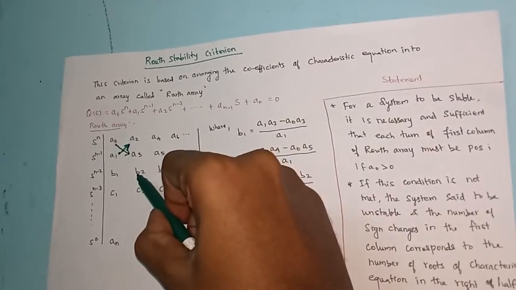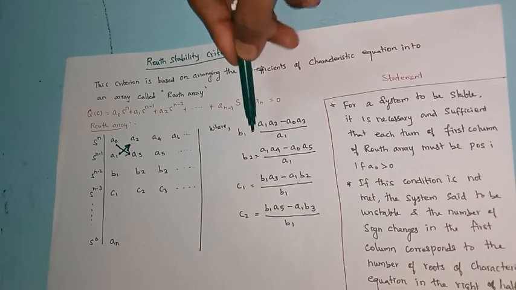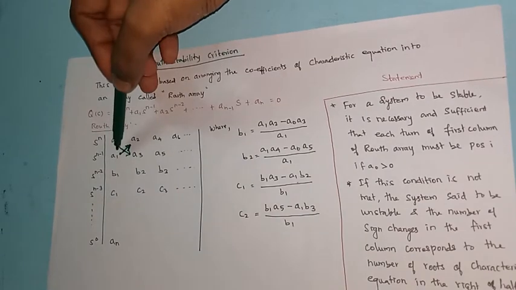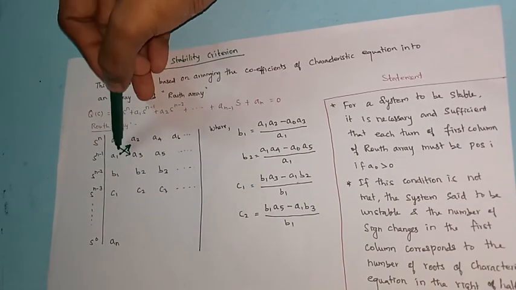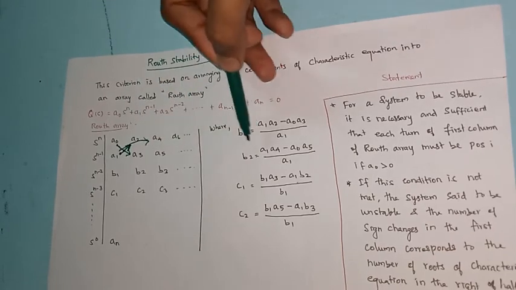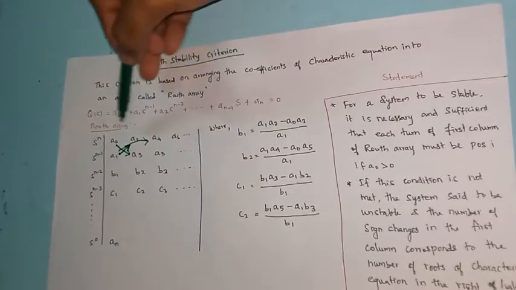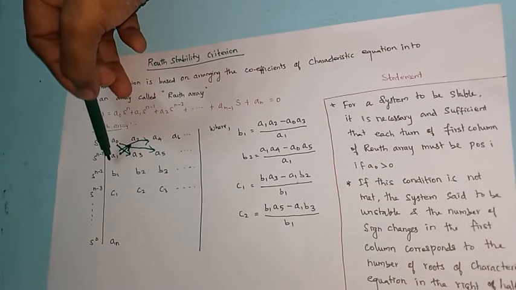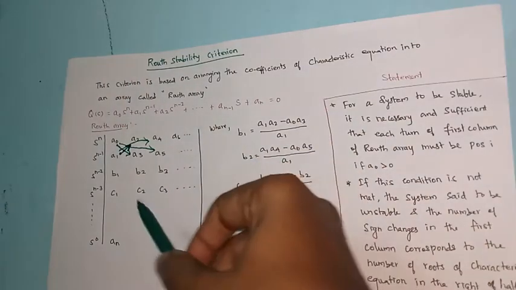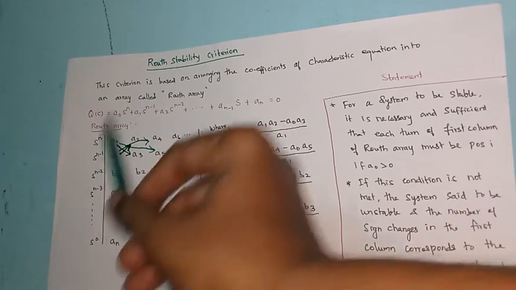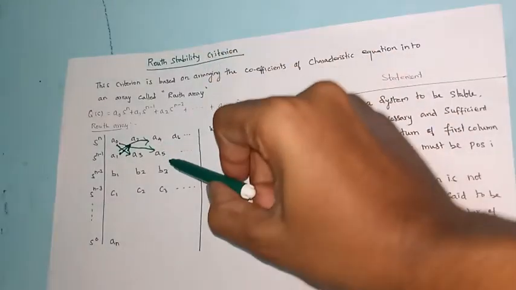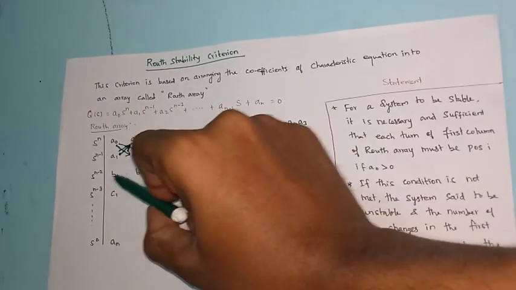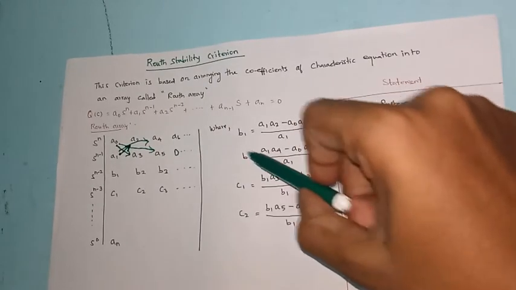Similarly b2 is a1 a4 minus a0 a5, divided by the same first element a1. And b3 is a1 a6 minus a0 times the next term, divided by a1, and if there is no term, you assume it as 0. Like that the formula has to be used for b1, b2, b3 and so on.